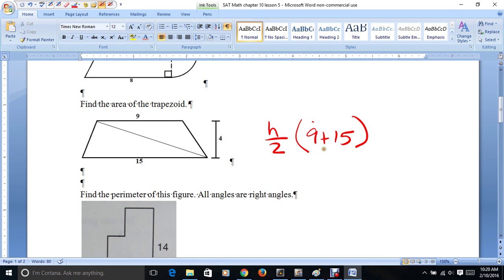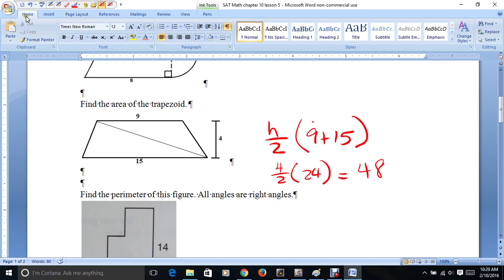So this is the formula for the area of a trapezoid. It's just base times height over 2 plus base times height over 2 for the two triangles that you would get if you split it in half. Since I know that the height is 4, that's just 4 over 2 times 24, which is 2 times 24, which is 48. So that would be the area of the trapezoid.